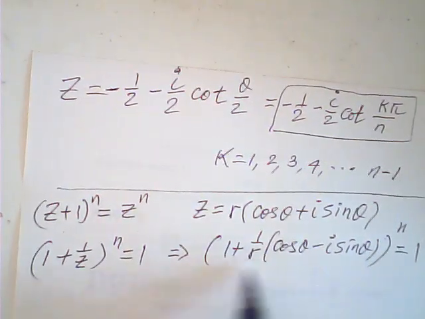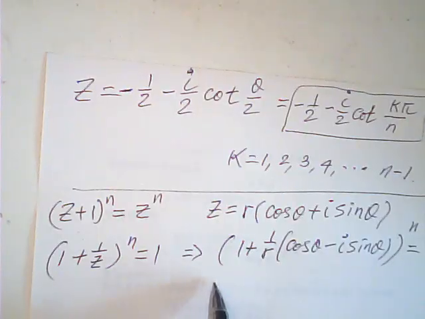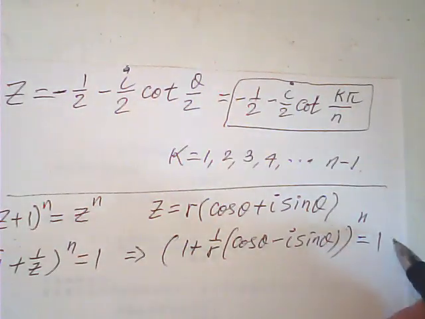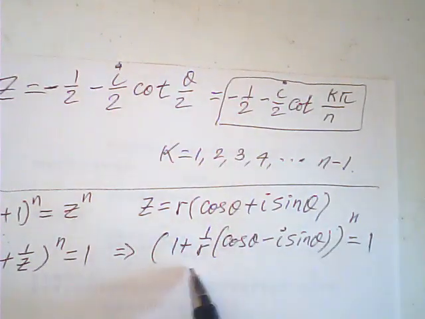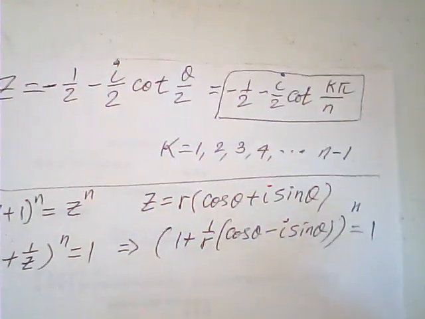Yes, it's true. Well, it's obvious. Then we can conclude something: because 1 is a complex number with modulus 1, this complex number's modulus must be equal to 1, too.